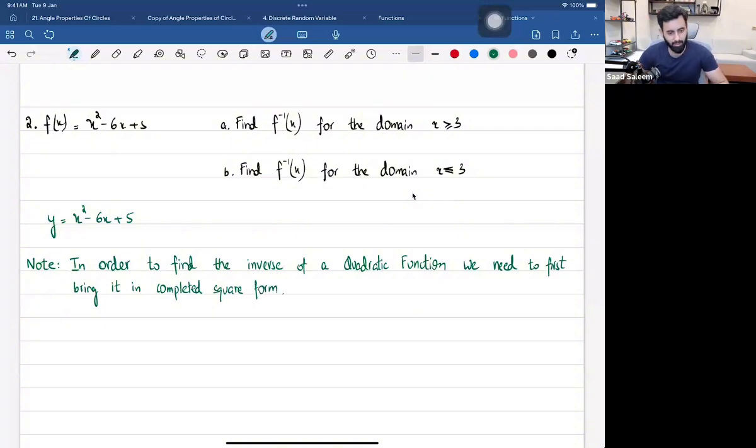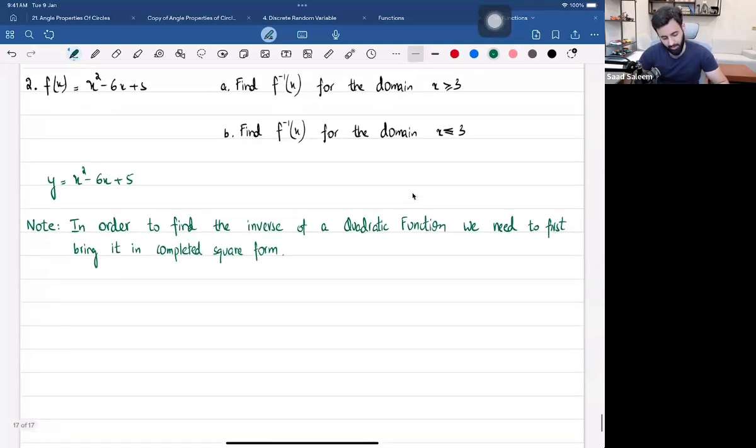Okay? Yes, that's correct. In order to find the inverse of a quadratic function, we need to first bring it in completed square form.